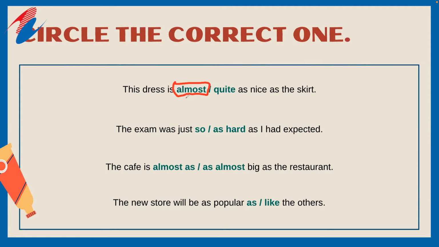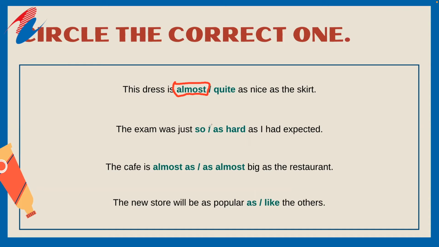Okay, then number 2. The exam was just so hard as I expected, or as hard as I expected. The exam was just so or as hard. Okay? So let's pick.